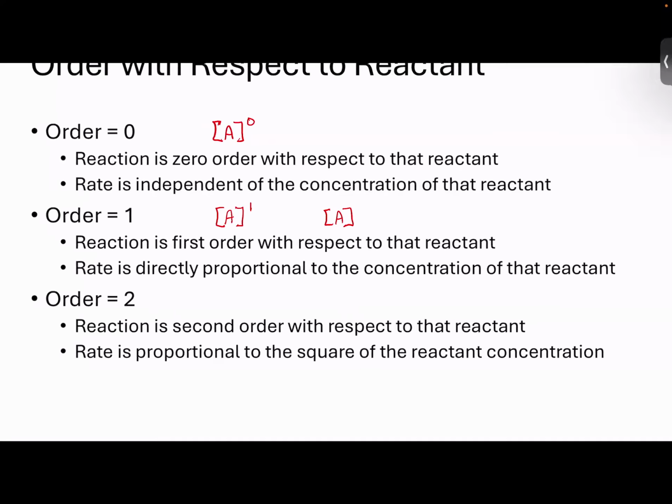Let's say my concentration is 1 raised to the power of 1. Well, anything raised to the power of 1 is itself. Let's say the concentration is 2 raised to the power of 1. Well, anything raised to the power of 1 is itself. So in other words, if I double the concentration, I double the rate of the reaction, meaning that the rate is directly proportional to the concentration of the reactant.